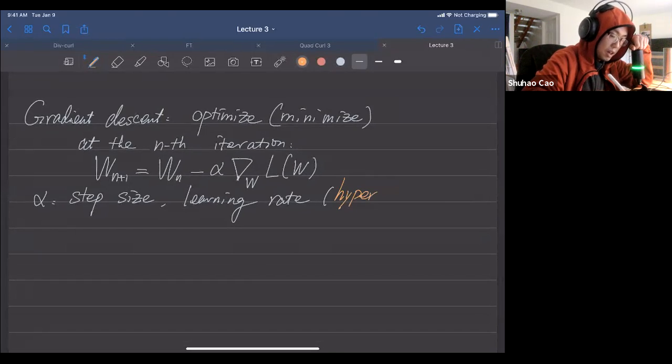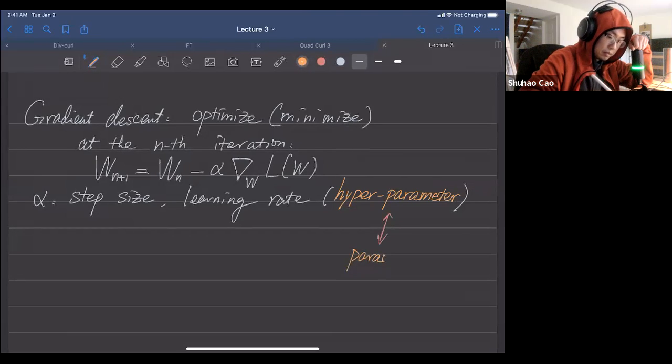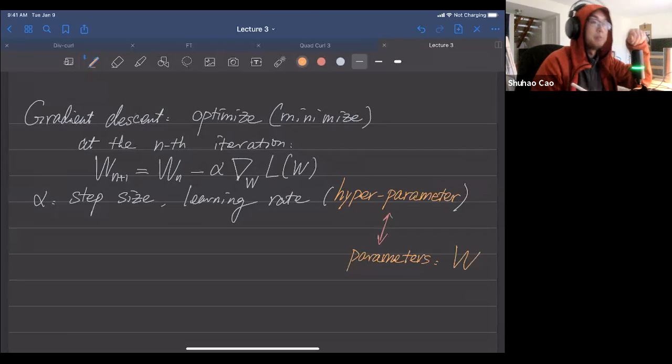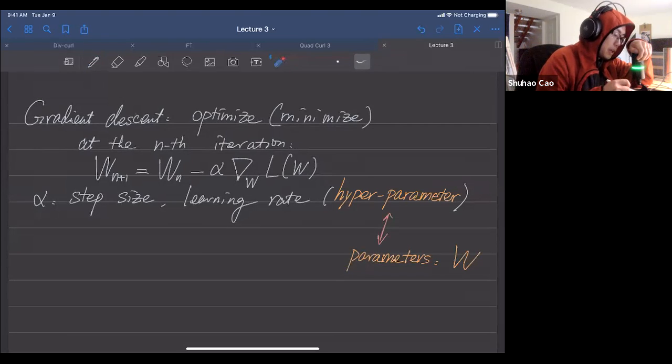We want to tell the difference between parameters and hyperparameters. The parameters of our model are W, but this learning rate is one hyperparameter.